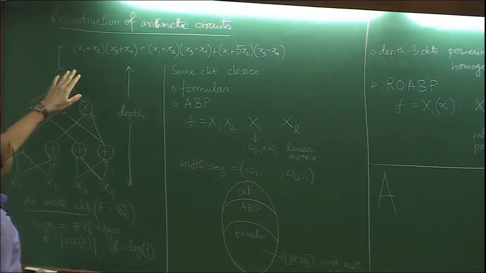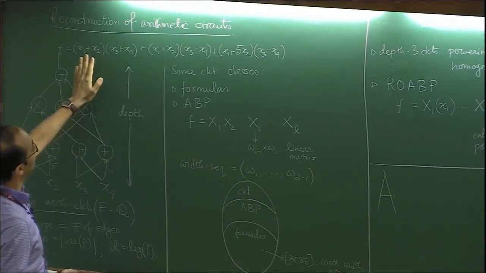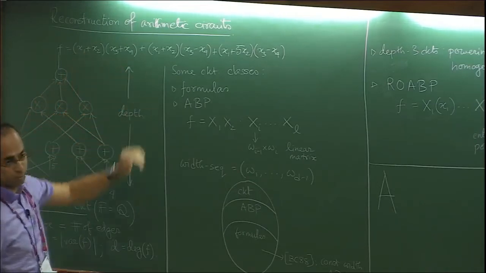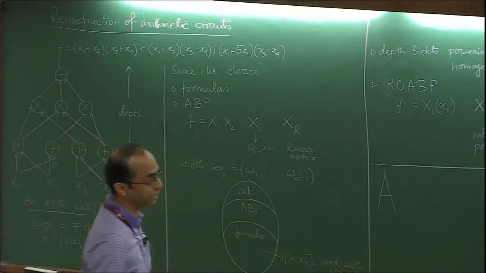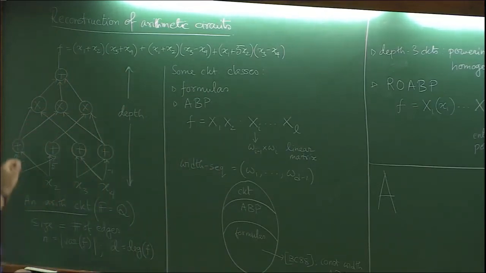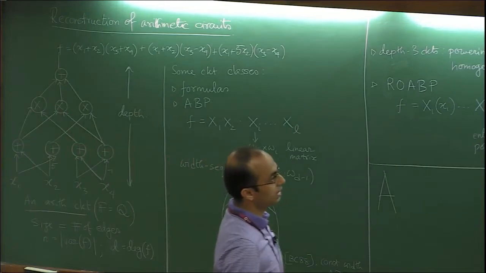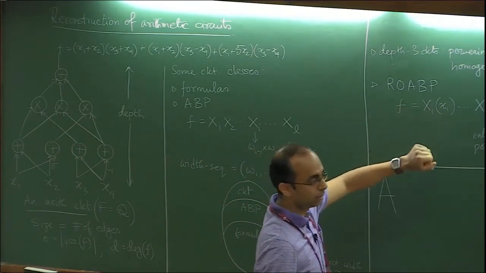If this polynomial is still visible, you'll notice that this is a set-multilinear polynomial, meaning that in every product gate, the linear forms are in one set of variables. There's an underlying partition of this set of variables. There's also a homogeneous depth-three circuit, which means that the polynomial computed at each and every gate here is a homogeneous polynomial. The model that we'll be interested in this talk is the read-once algebraic branching program.